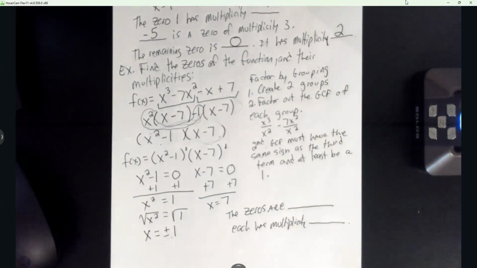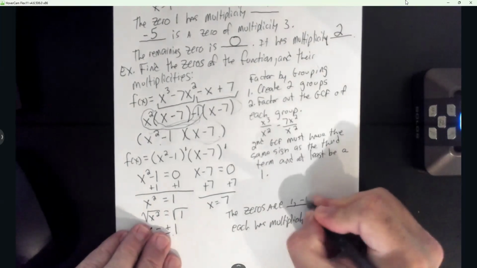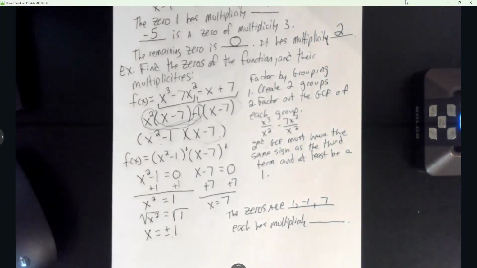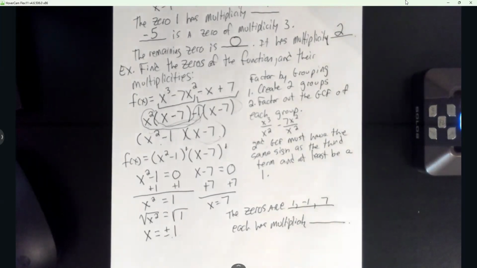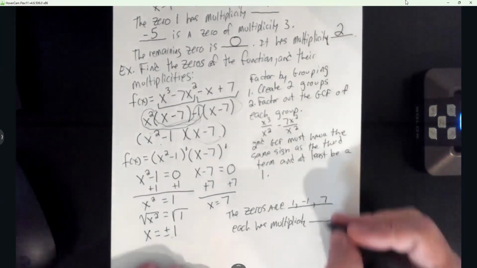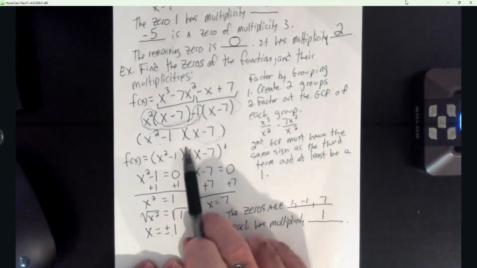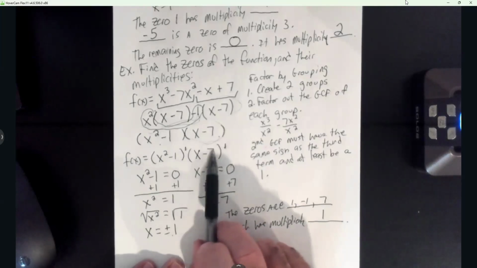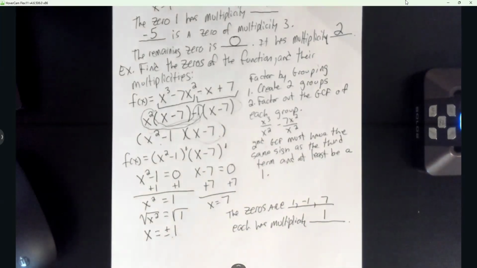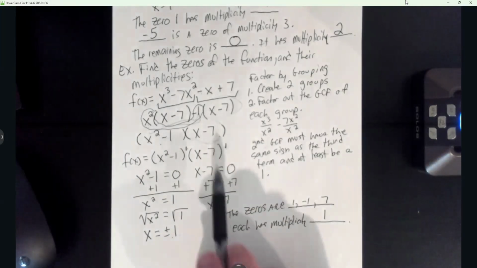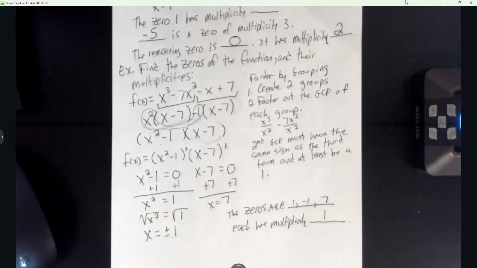All right, there you go. 1, negative 1, and 7. Good job. And y'all, each of these has a multiplicity of what? Good job. They all had a multiplicity of 1. Because remember, since they didn't have exponents, we put 1s here. Okay, so remember, always looking at exponents when they're in parentheses for those multiplicities, okay?